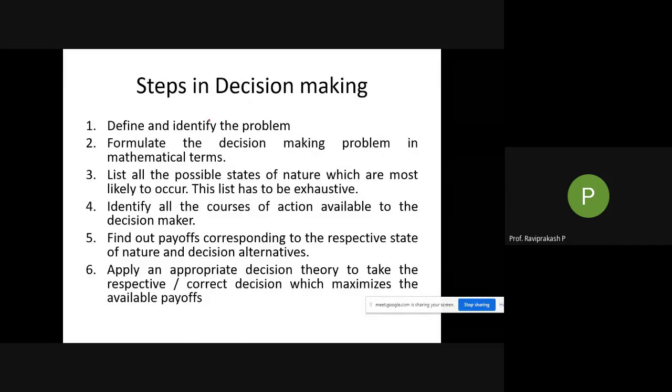Then identify all the courses of action available to the decision maker. So what different alternatives you have to take a decision. Which alternative I need to choose, those alternatives also should be there. Then find out payoffs corresponding to the respective state of nature and decision alternative. There is some payoff, whether it is a certain cost that you need to pay or a certain profit that you are gaining out of a particular thing.